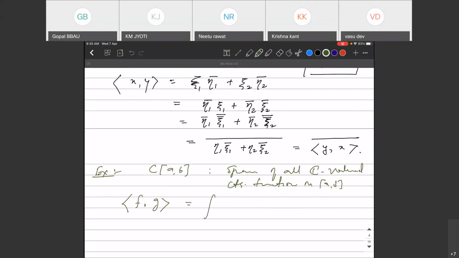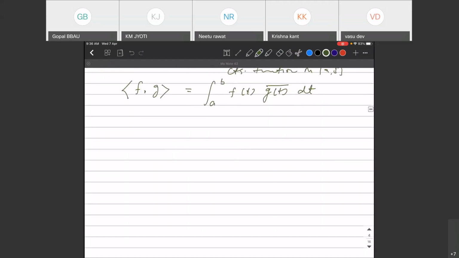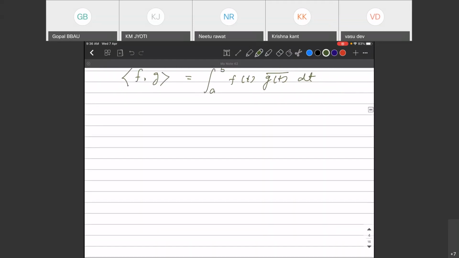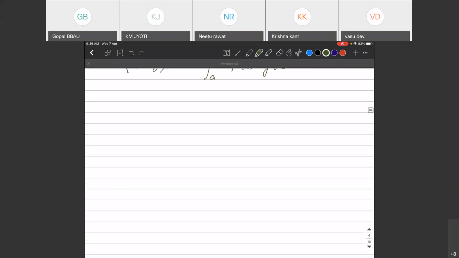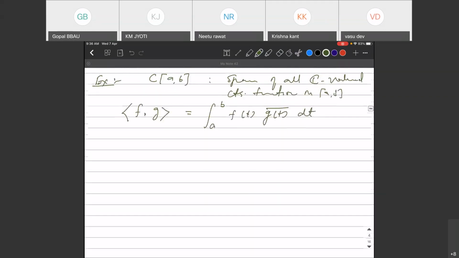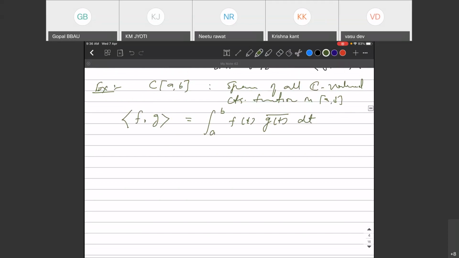We define the integral from a to b of f(t) g(t) bar dt. So you may verify that this is an inner product. You have to verify all those 4 conditions of inner product. Okay.